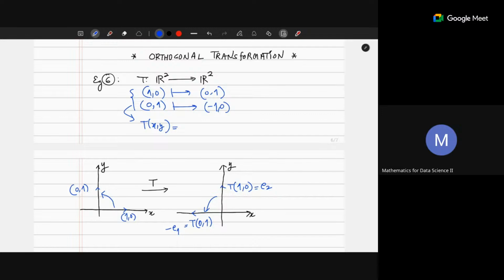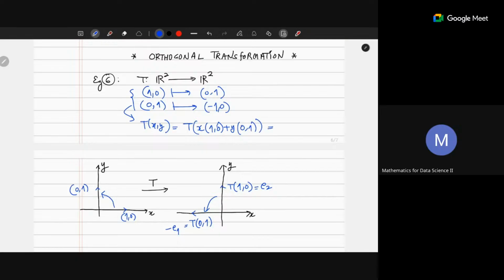T of (x, y) is x times (1, 0) plus y times (0, 1).